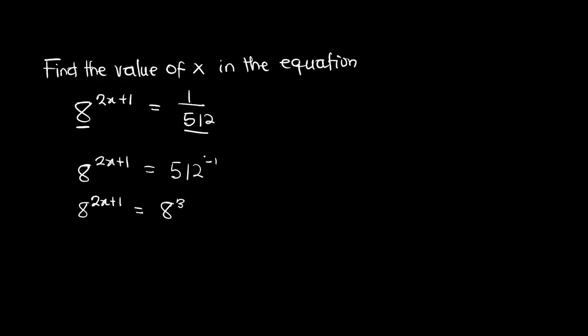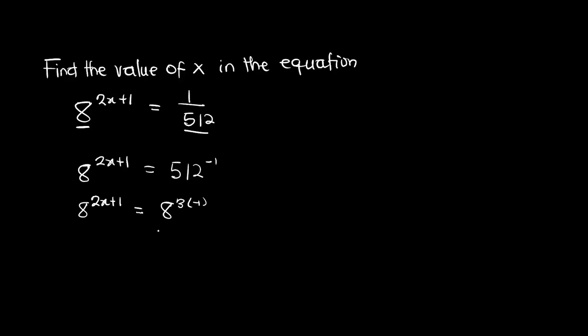Remember, there is a power negative 1 already there, so it will multiply the 3. You don't add the 3 to the power, you multiply it.